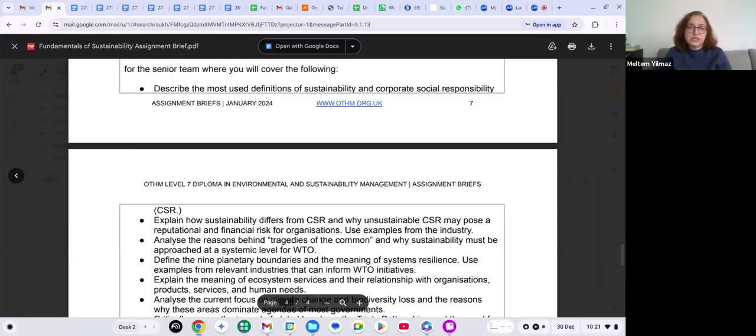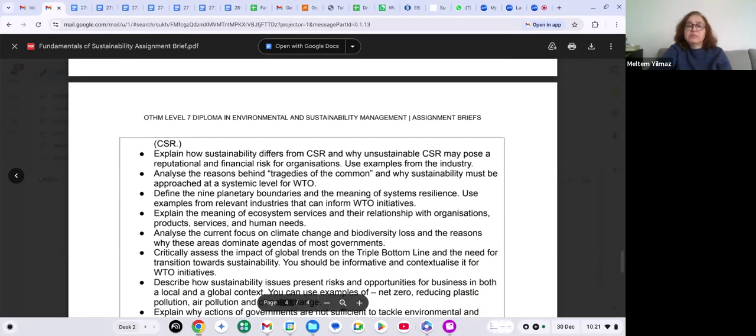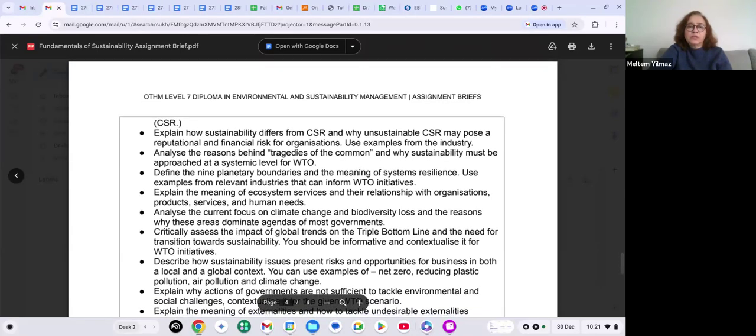World Trade Organization. Define the 9 planetary boundaries and the meaning of systems resilience. Use examples from relevant industries that can inform the World Trade Organization initiatives.